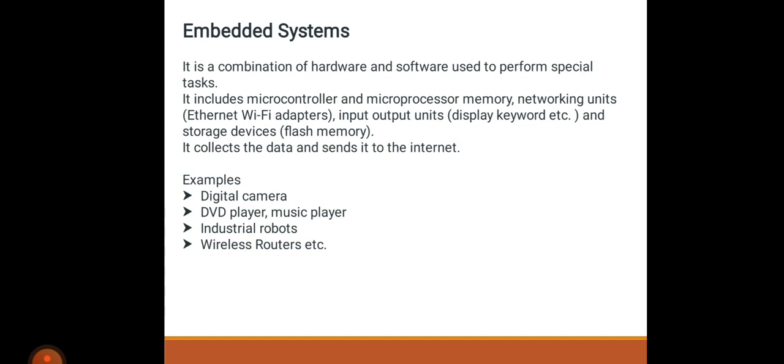What are the examples of embedded systems? That is digital camera, DVD player, music player, industrial robots, wireless routers, etc. These are the examples of embedded systems.